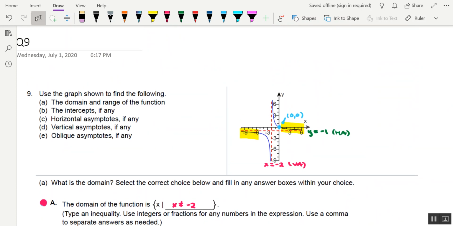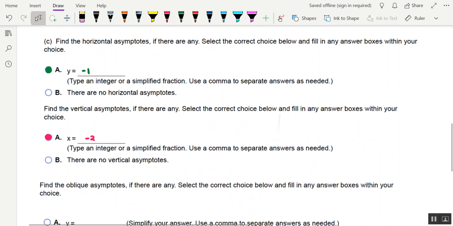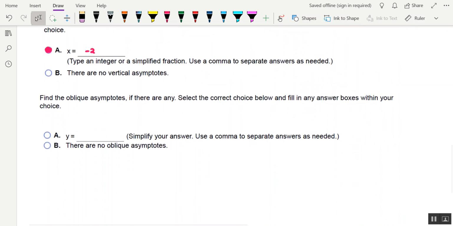We have asymptotes that are both vertical and horizontal, and there's no other asymptote. So for that reason, there's actually no oblique asymptote. So sorry for all this up and down, but at the very end of this problem, we would select option B. There are no oblique asymptotes, only vertical and horizontal.